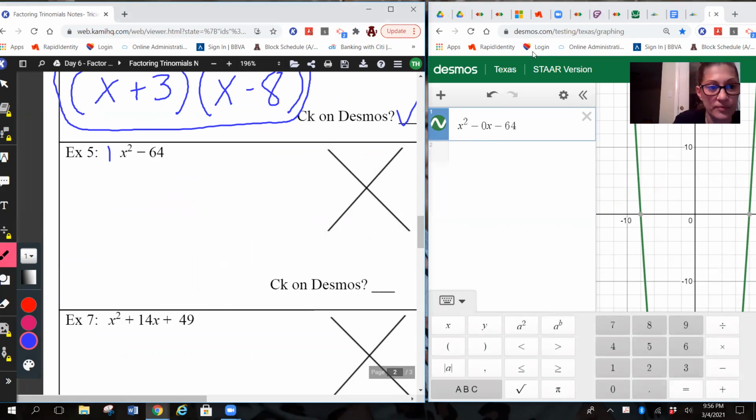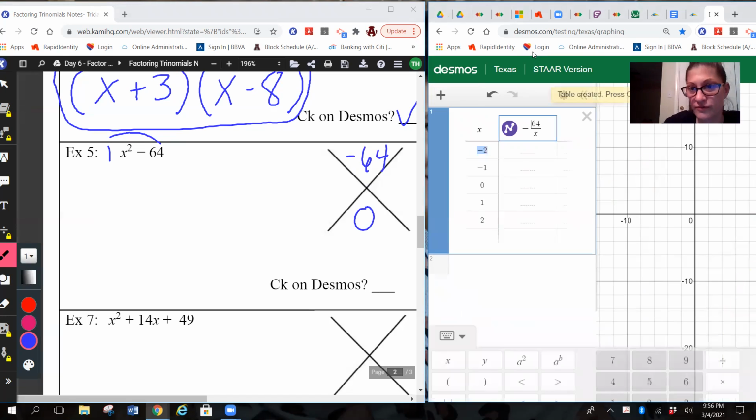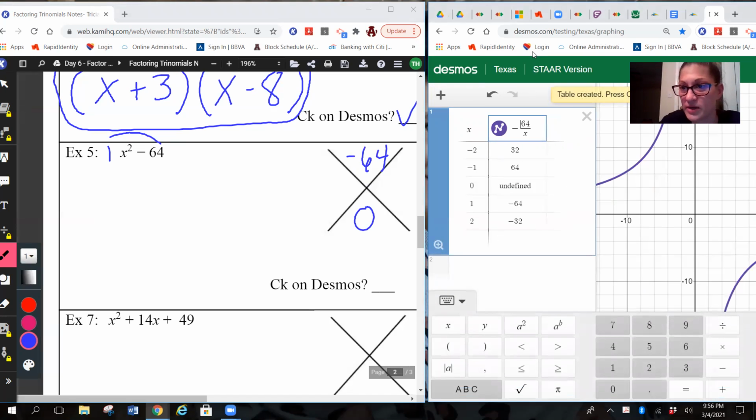So 1 times negative 64 is negative 64. And the B term is 0. Okay, so negative 64 divided by x. Change that to a table. And I'm looking for two numbers that add to 0.